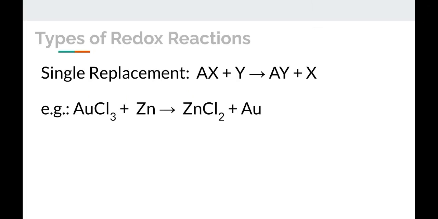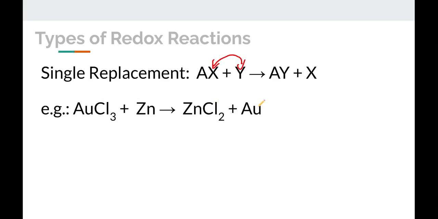There's another type of redox reaction called a single replacement. The format for this is AX plus Y makes AY plus X. So this is a kind of a switch. X and Y are switching so that Y is with A after and X is by itself after. So an example of this would be gold chloride and zinc makes zinc chloride plus gold.